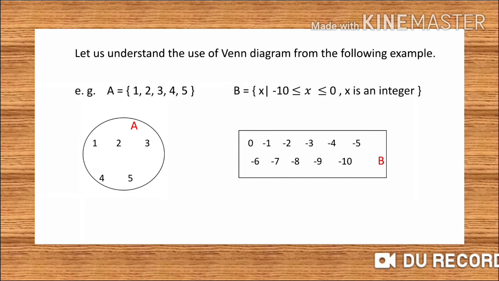Therefore, set B consists of elements which start from minus 10, minus 9, minus 8, minus 7, minus 6, minus 5, minus 4, minus 3, minus 2, minus 1 and 0. Set B shown by Venn diagram.